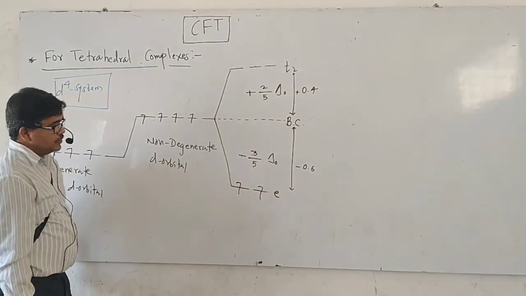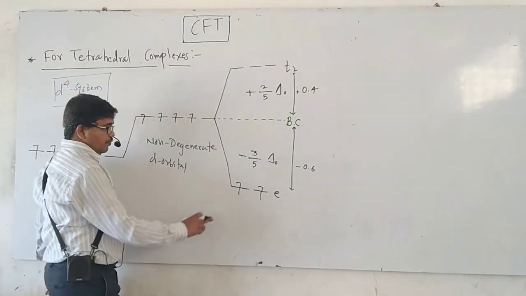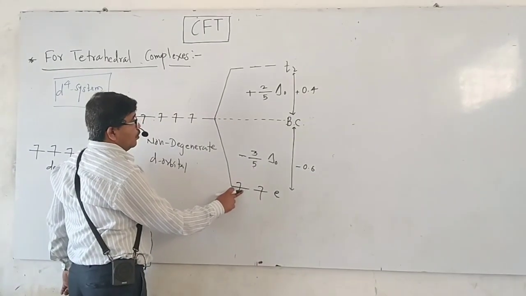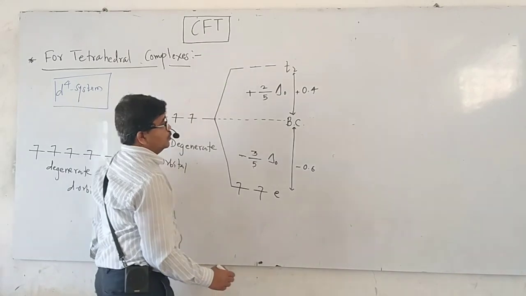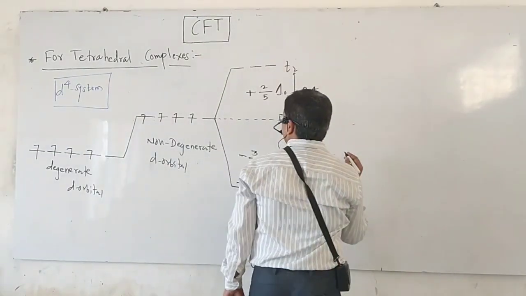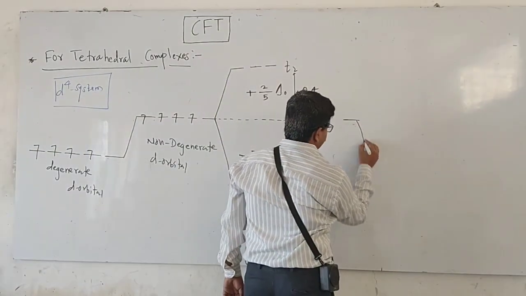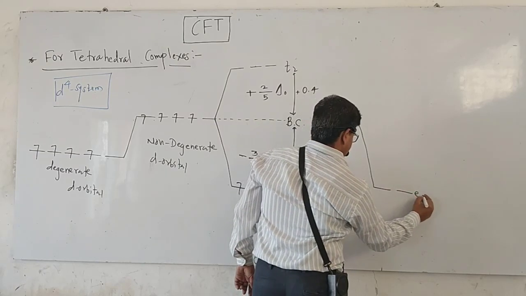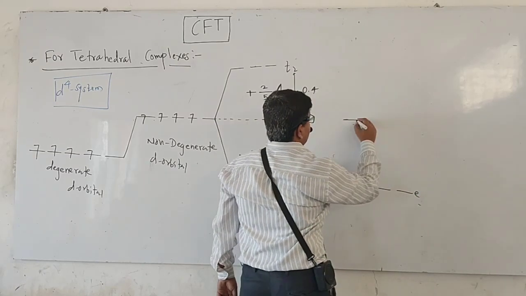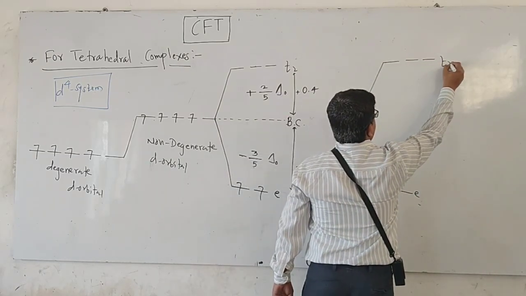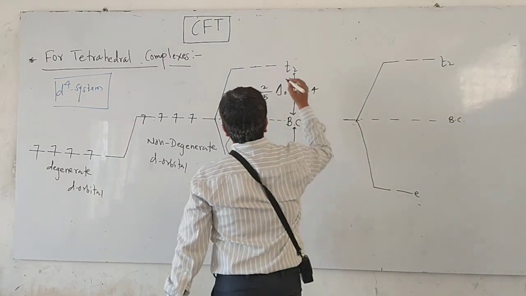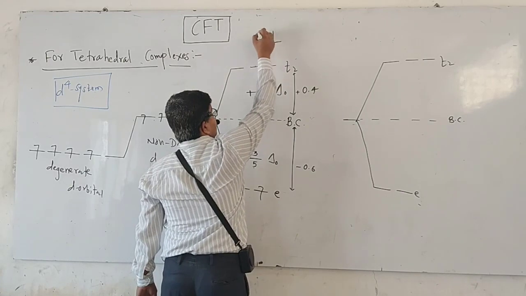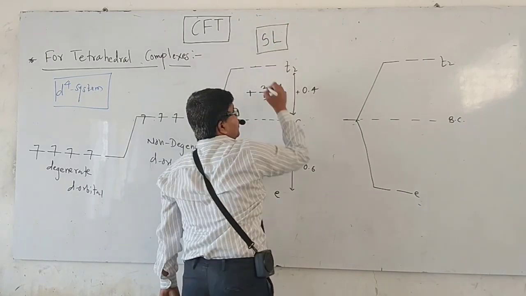Now the question is, will the third electron do pairing here or will it go in the T2? So there will be 2 possible cases. In case of strong ligand, what will happen?